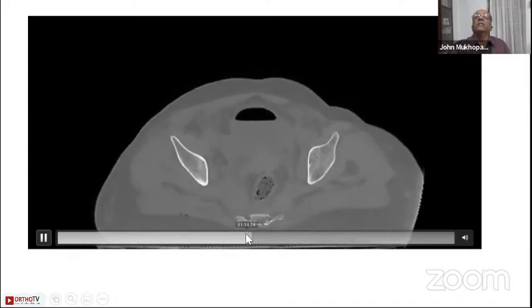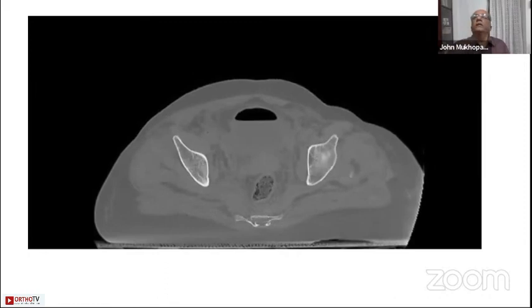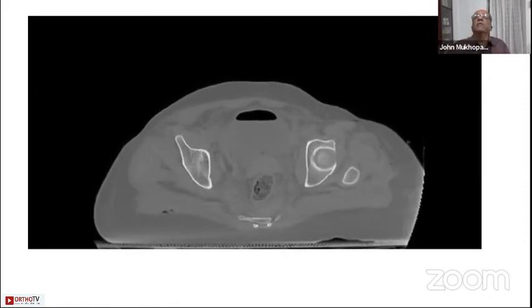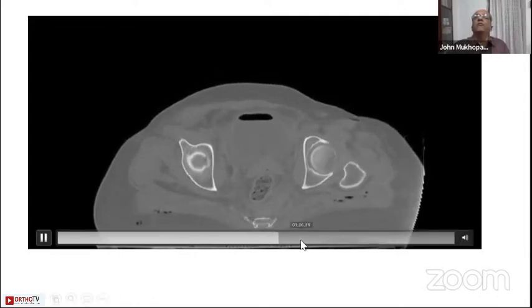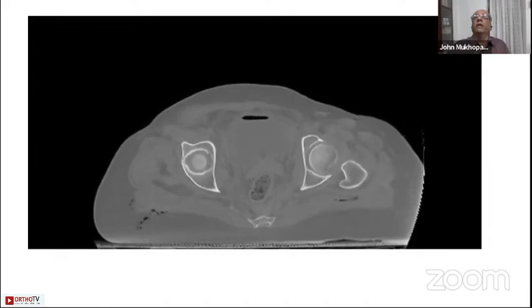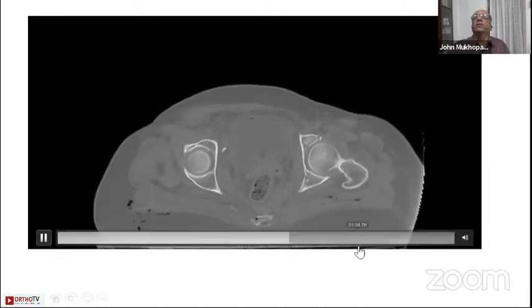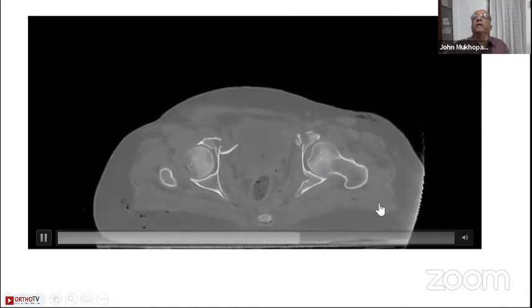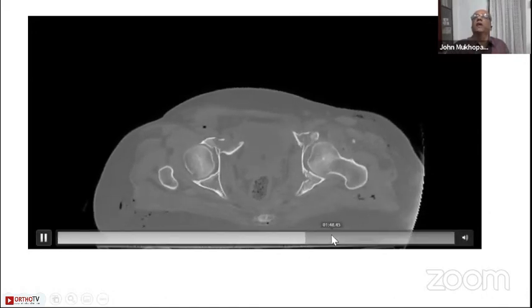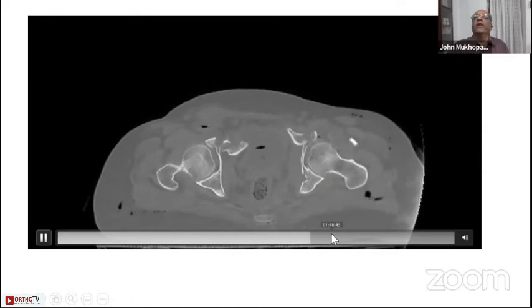As you're reaching down to the area of the hip joint, you can see the head appearing here. And you can follow the scans down carefully and actually map out the fracture very carefully and look at them in detail. So you can see as we go down, there's some involvement of the acetabulum there. And of course, this patient also had a subtrochanteric fracture on that side, which you can see lower down.